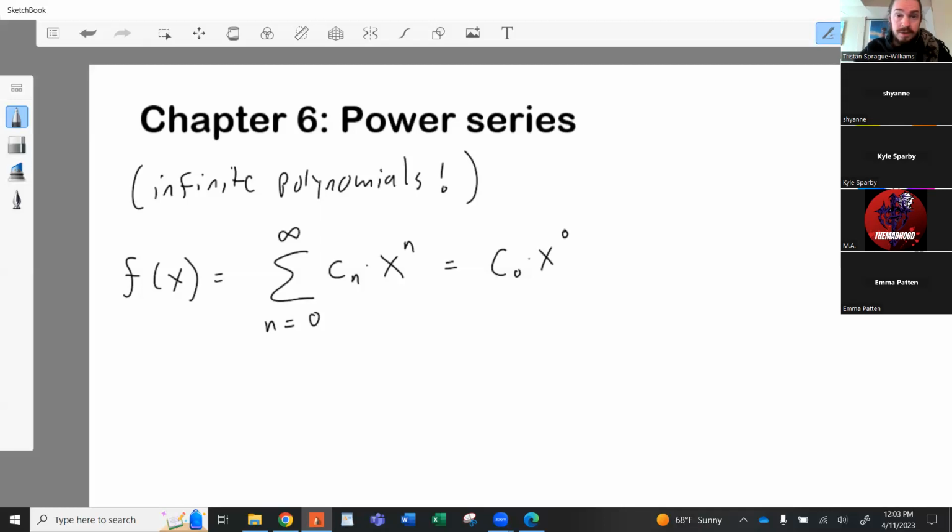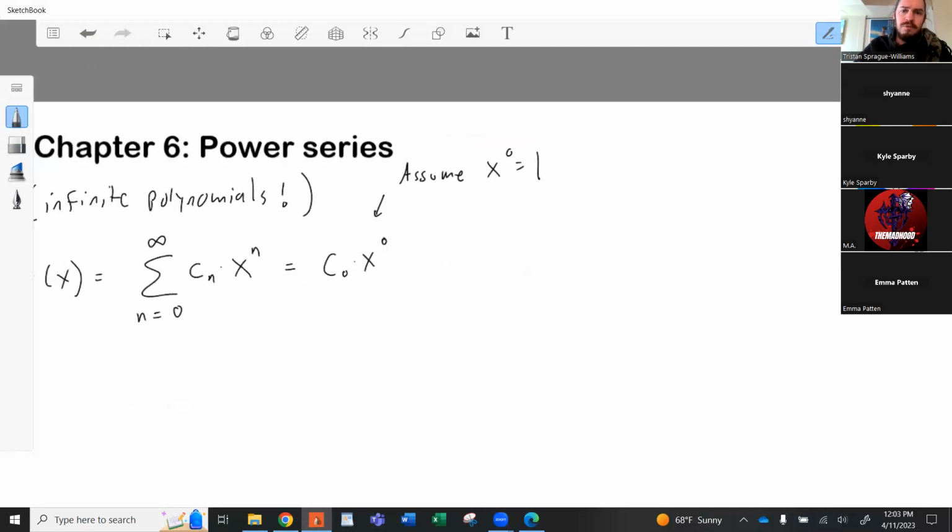And we're going to assume here that x to the power 0 equals 1 always, regardless of x. So even when x equals 0.